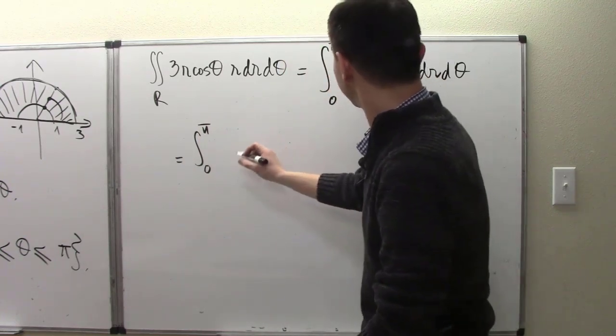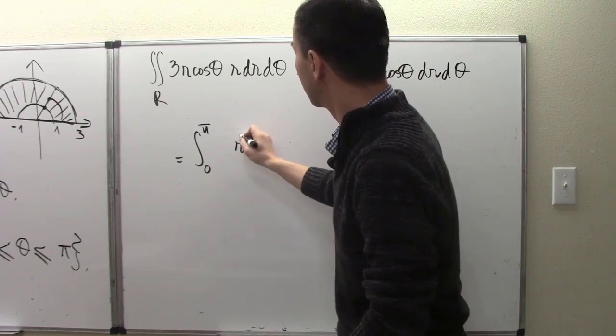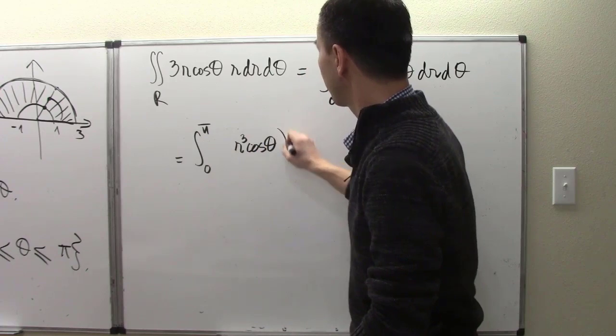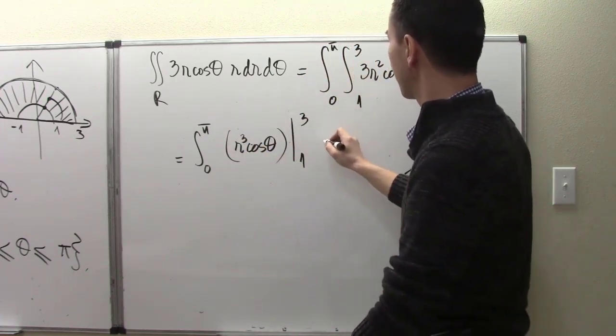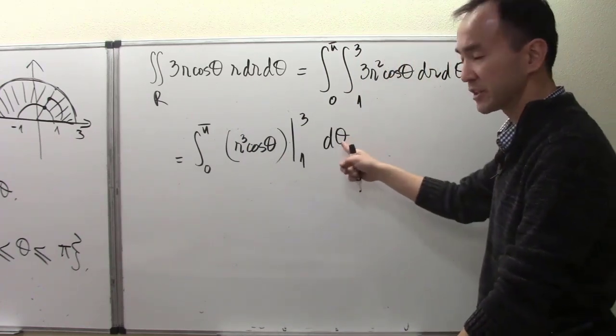And here we're looking at r cubed times cosine theta. Okay, evaluating this from 1 to 3, and then whatever the outcome will be, we are integrating that further with respect to theta.